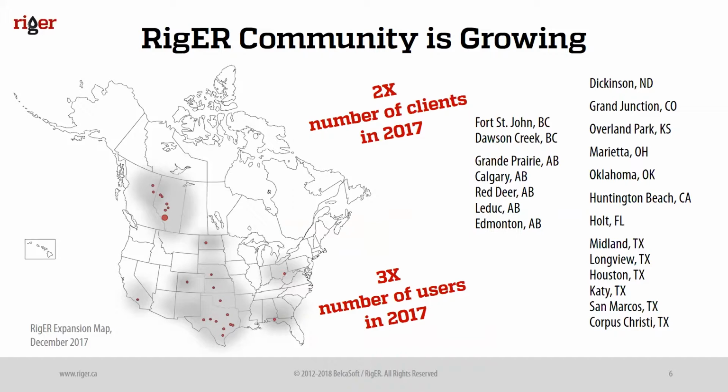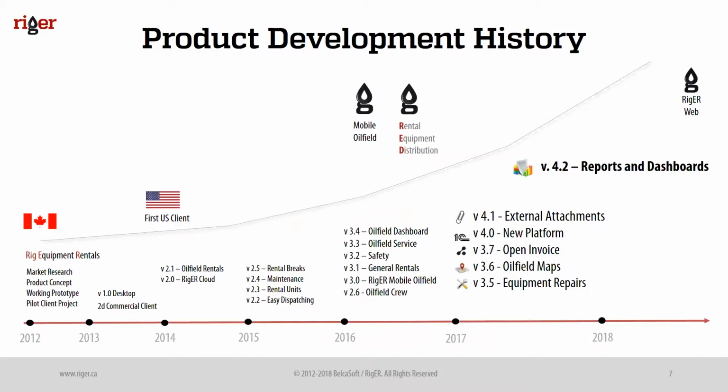So when we started RigER in 2012, 5 years ago, we constantly develop the product, constantly adding new features, and every single version of RigER has its name and topic. And this time we will talk about version 4.2, the first release this year, and it will be all about analytics and improved visibility in our system.